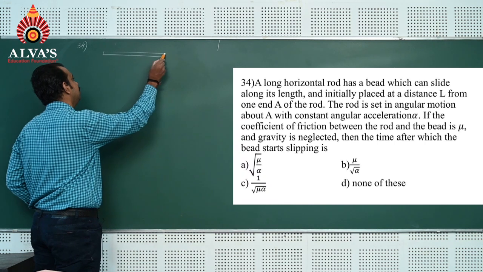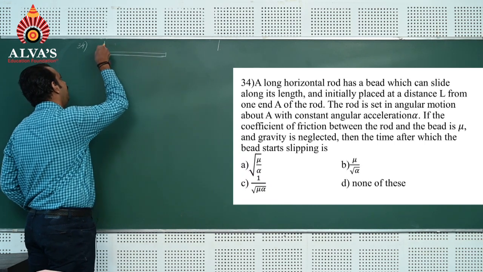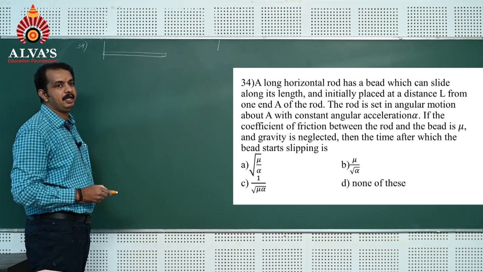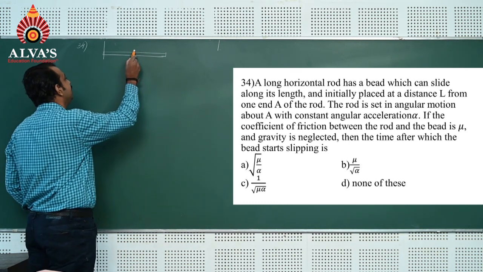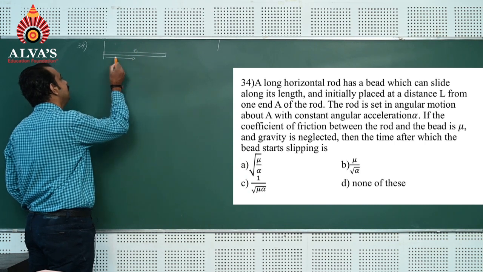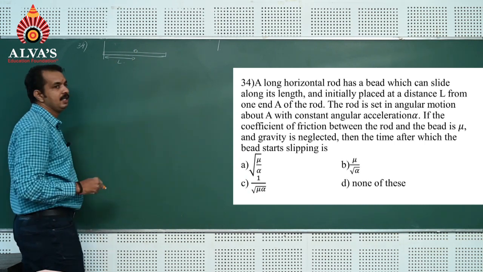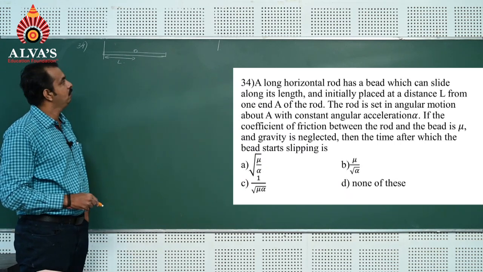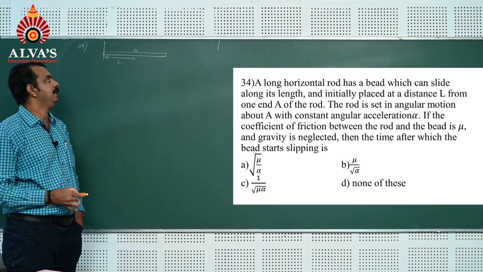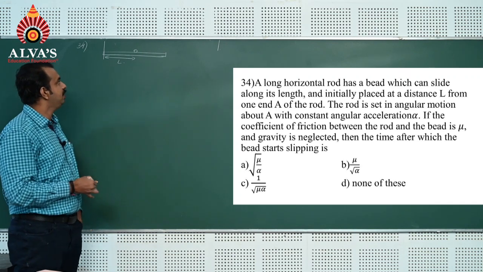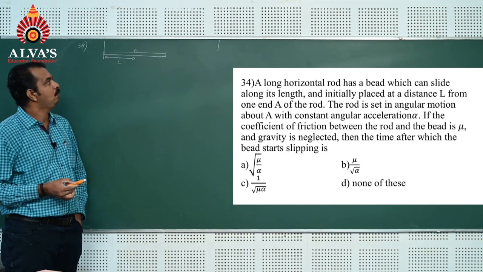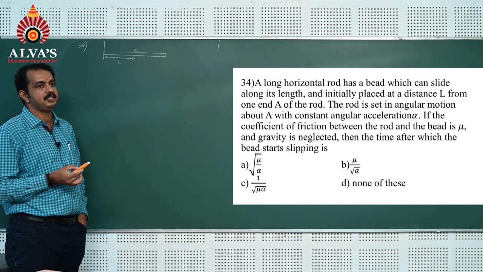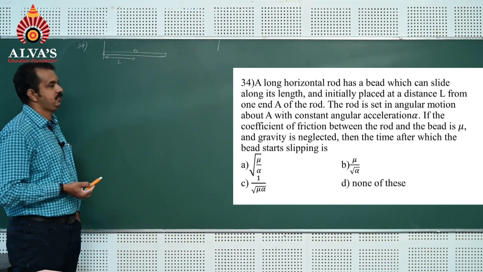say this is the end about which the rod is being rotated. Now the bead is placed at a distance L from the fixed end. You know that initially the rod was at rest. When a tangential force is applied to the end of the rod, it starts moving, and its angular velocity changes.